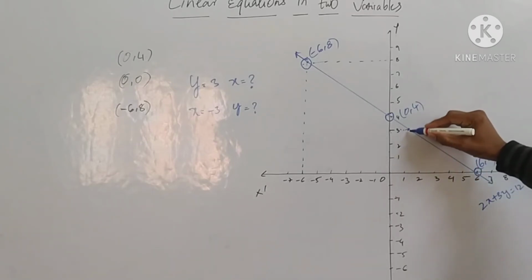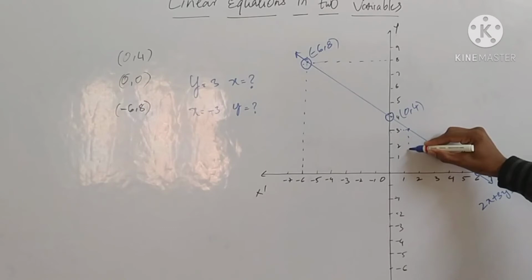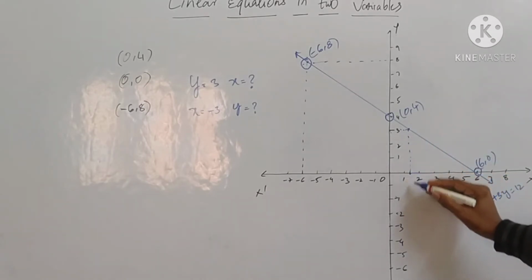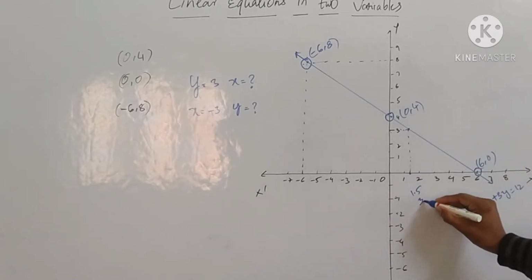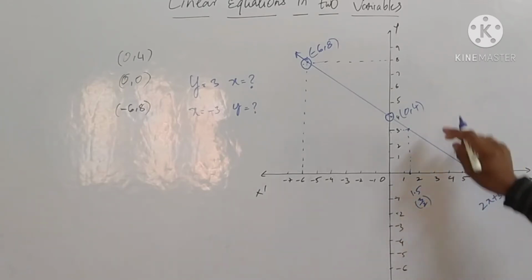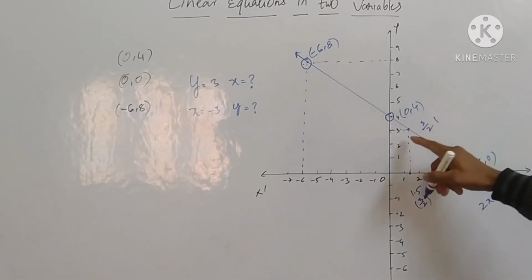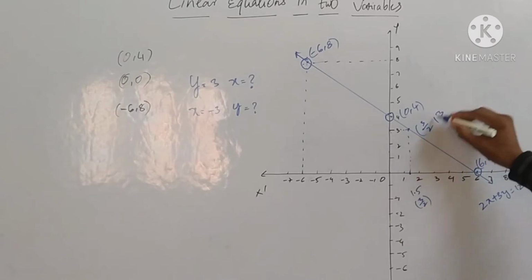Draw a line from the point to the x axis. It will meet the x axis at 1.5, which is nothing but 3 by 2. So the coordinates are: x coordinate is 3 by 2 and y is 3.